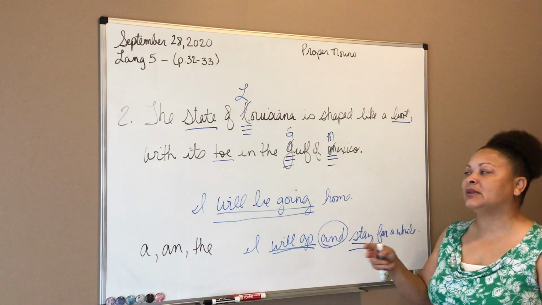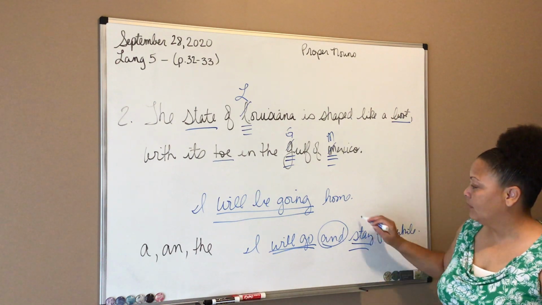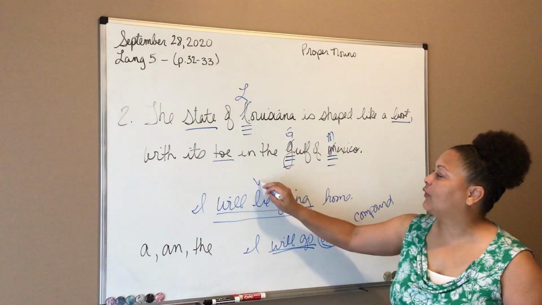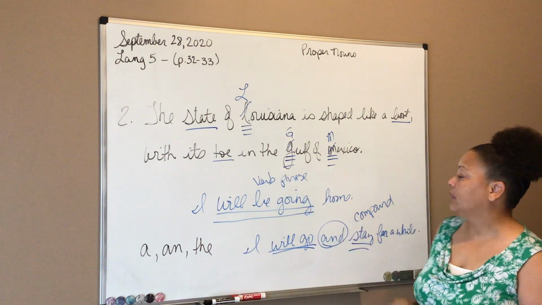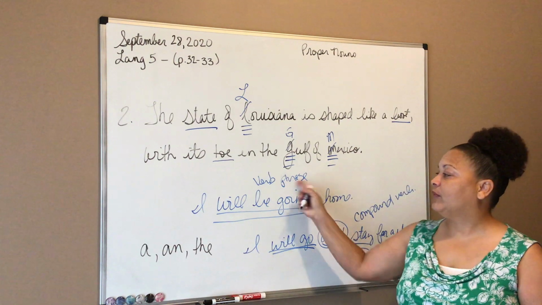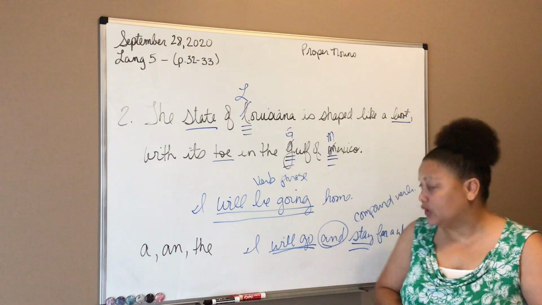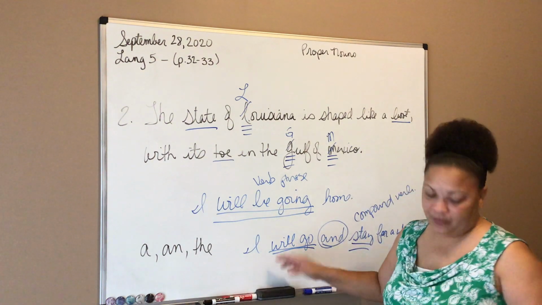I'm doing 2 things. This is a compound verb, okay? This is compound. This is verb phrase. Okay? There's a difference. Compound verb, 2 things. Verb phrase, 3 words, 1 thing, okay? 2 or more words. It could be 2, could be 3, or more.